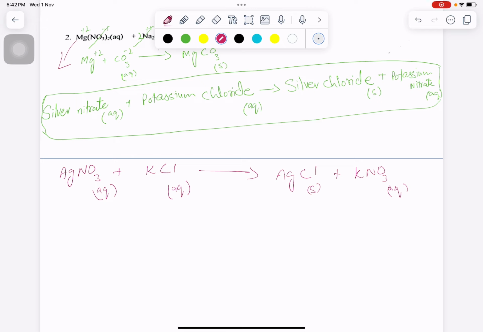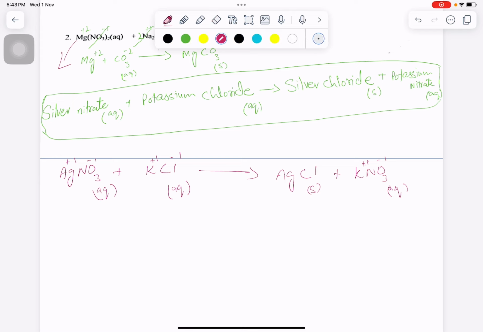Now ionize these aqueous ones, it cannot be ionized because it is solid, plus 1 negative 1. Cancel out the spectator ions, it is already balanced. Cancel out the spectator ions, it cannot be cancelled, sorry, because it is not on both sides. If it is not on both sides, it can't be considered a spectator ion.